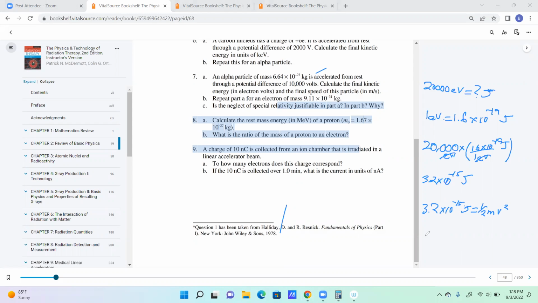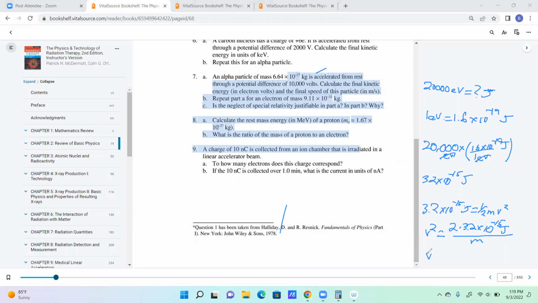So I know that in this case, v squared is going to be equal to 2 times 3.2 times 10 to the minus 15th, all divided by the mass.